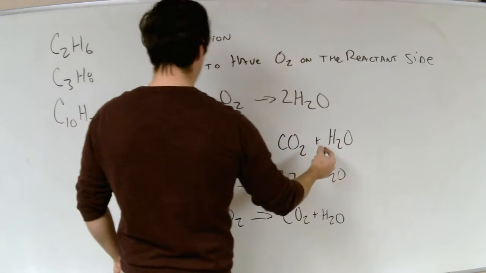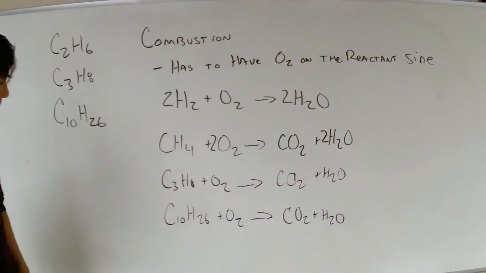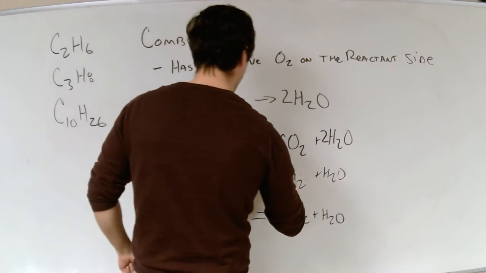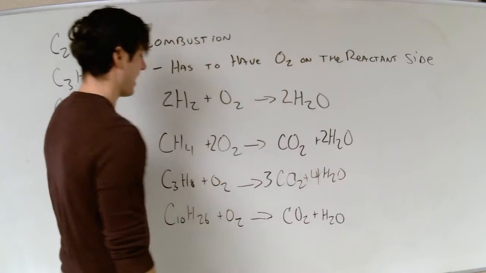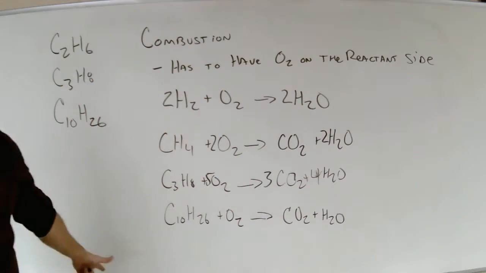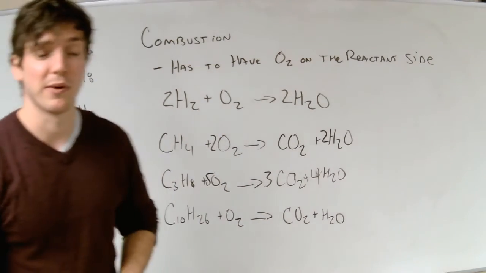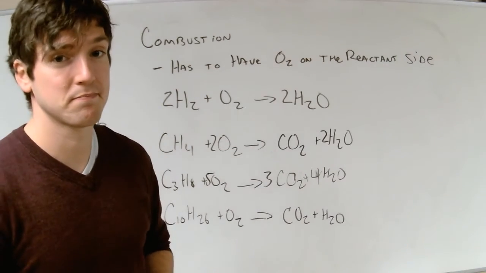Like here, I'll have 2 waters and I'll need 2 oxygens to make it happen. For this one, I'm going to produce 3 carbon dioxides and 4 waters, and then I'll get 5 oxygens needed. And I don't even want to balance that one. But you get the point, right? Products are going to be the same. You're just going to have different amounts of them.